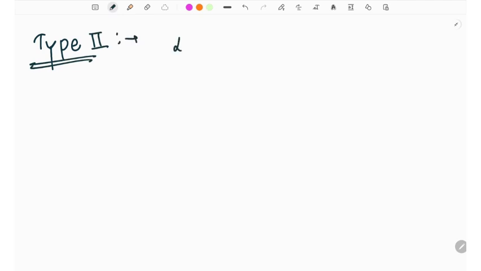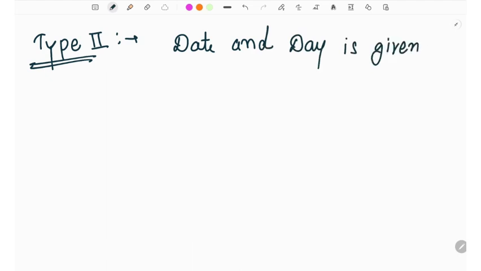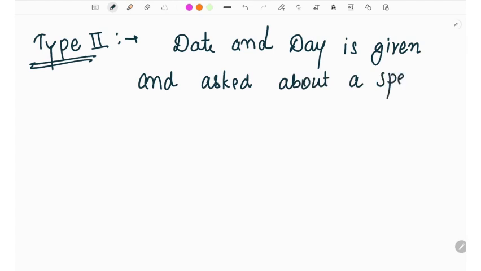Now in type 2, date and day is given to you, and they will ask you about a specific date. Okay. For example, I'll just give you the explanation about type 2.